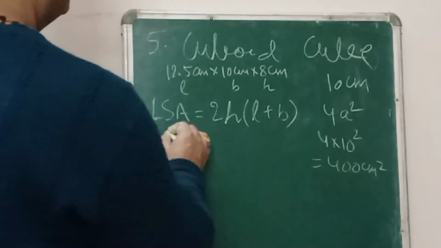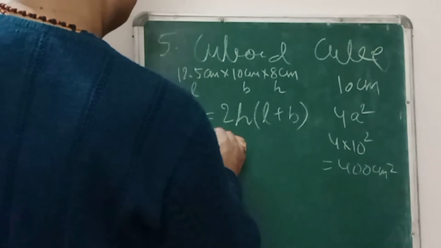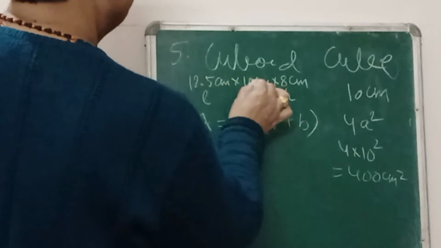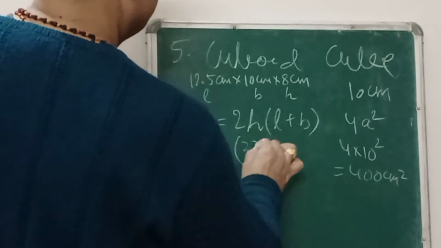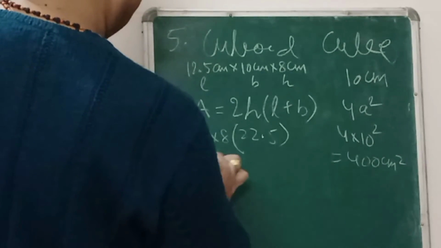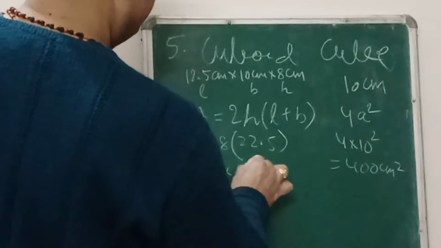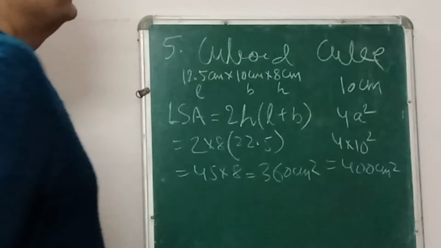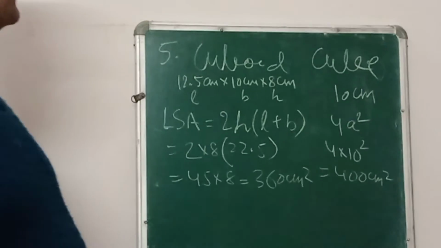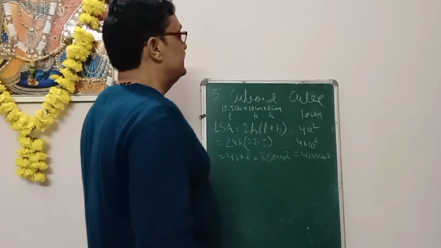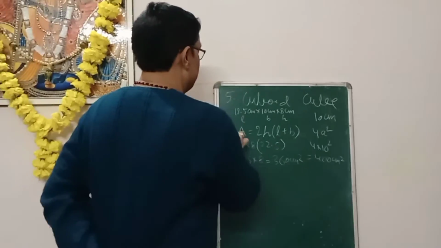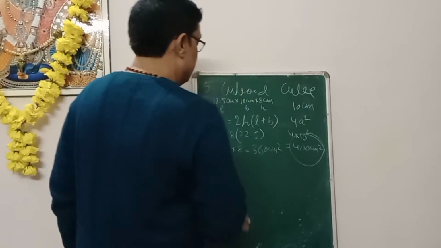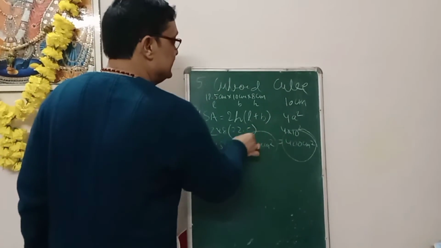For the cuboid, 2 into 8 into (L plus B), 12.5 plus 10 is 22.5, so this is 45 into 8, which comes as 360 centimeters square. So the LSA of cube is more and the LSA of cuboid is less.